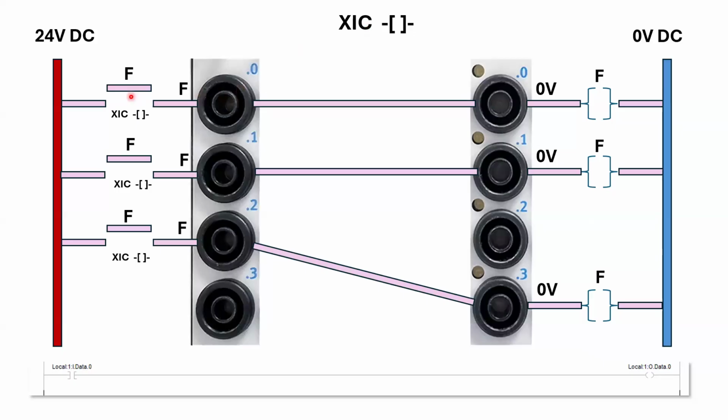So the switch is normally open, see if it's closed. Is it closed now? The answer is no. The answer is false. Then there's no 24 volt applied to this. The answer is false, so it's going to translate into the false on the output. So the rung is going to be false and the output is not going to be energized. Same thing with here and same thing with here. It's just they're assigned to different ports.